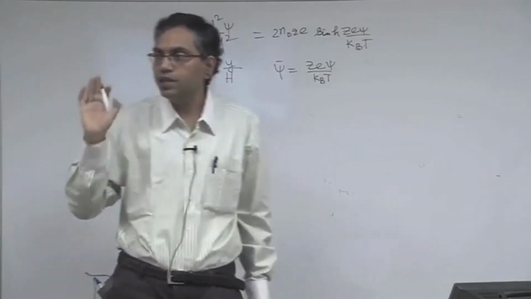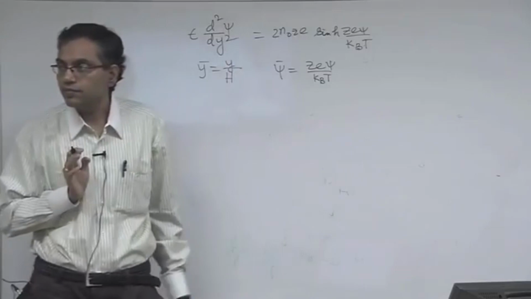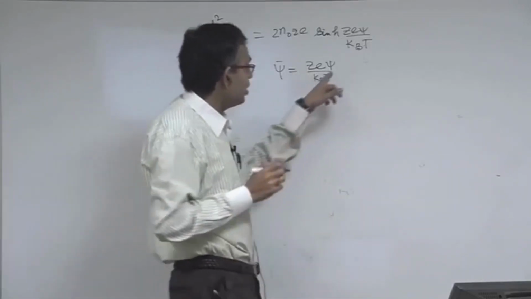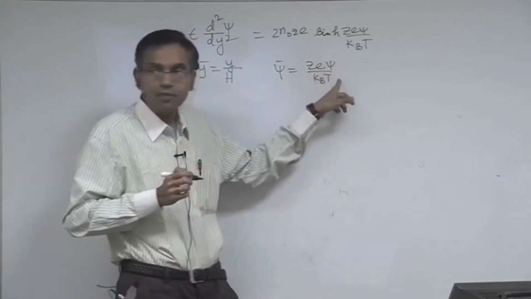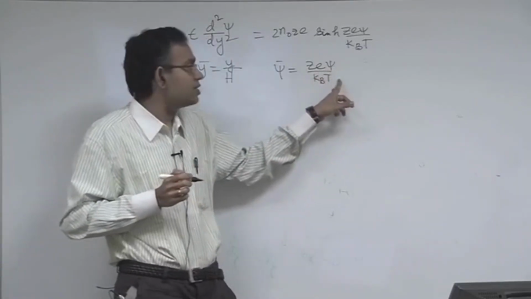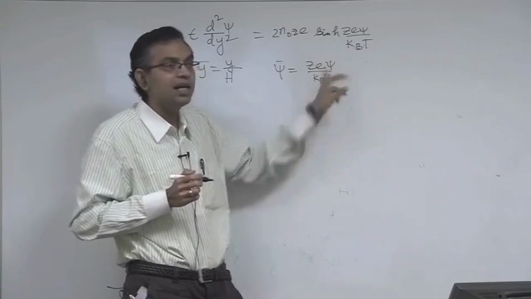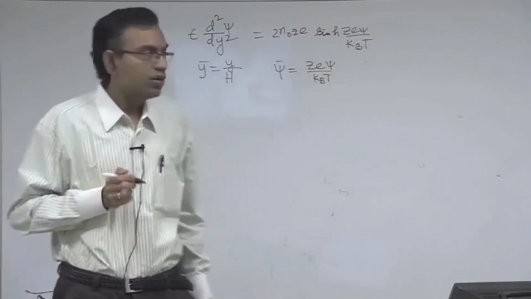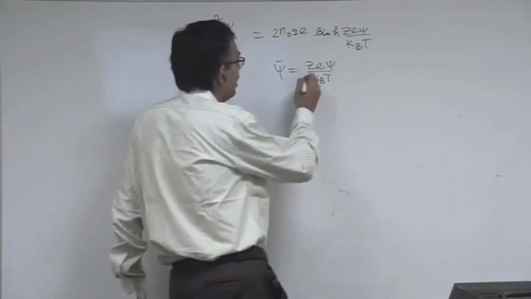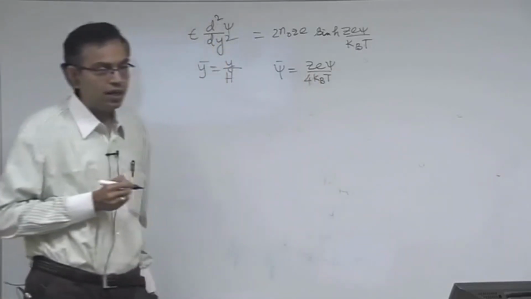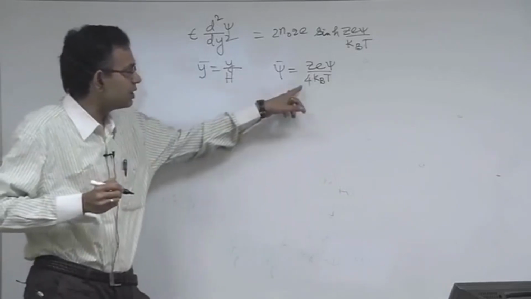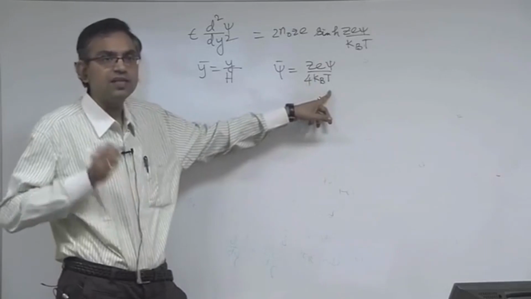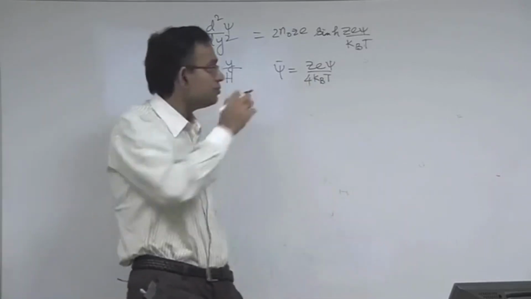So, this is non-dimensional, therefore you can interpret this as psi divided by some psi reference. What is that psi reference? kBT by Zd, this is called the thermal voltage. Okay. So, for algebraic simplicity, instead of Zd psi by kBT, we will make Zd psi by 4 kBT. This is just for algebra, nothing more than that.